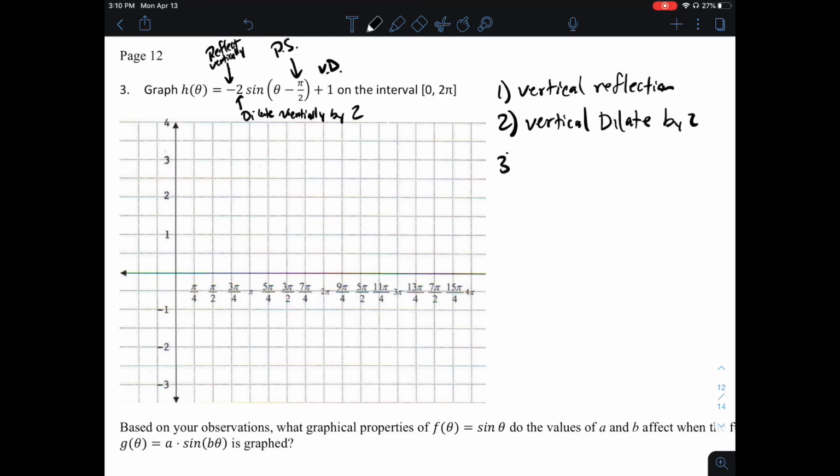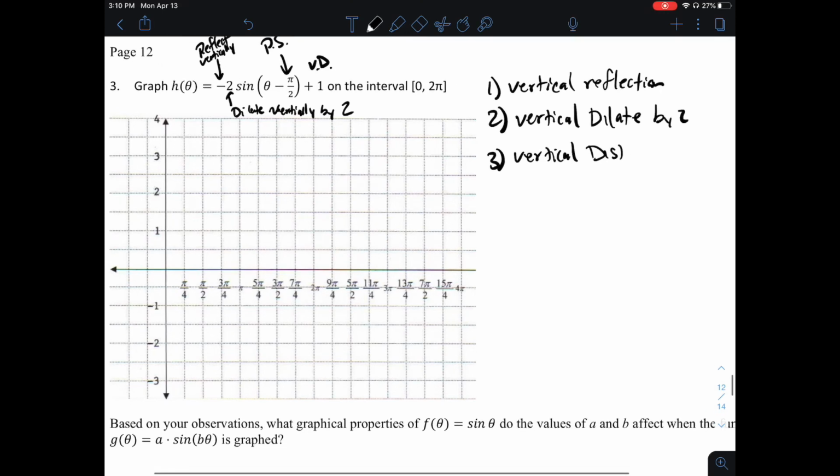And then we are going to have a vertical displacement. Vertical displacement just means translating up. It means moving up by 1.